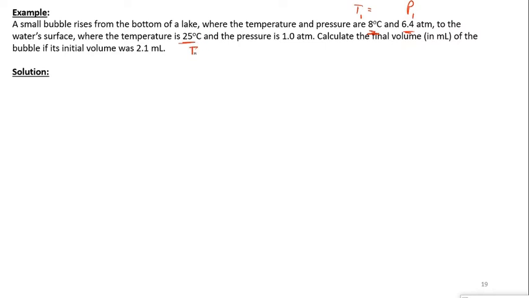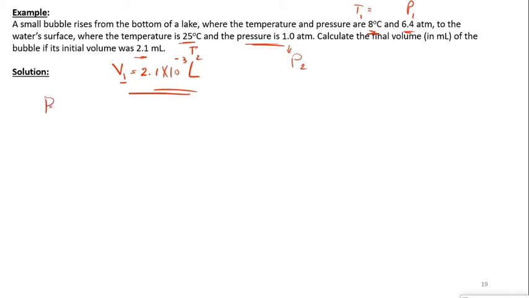So this is my T2, and the pressure is equal to 1 atmosphere. So this is my P2. Calculate the final volume of the bubble if the initial volume was 2.1 mL. So my initial volume V1 is equal to 2.1 multiplied by 10 to the power minus 3 liters.